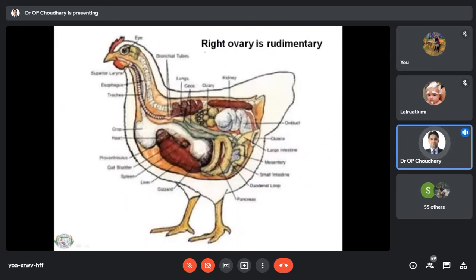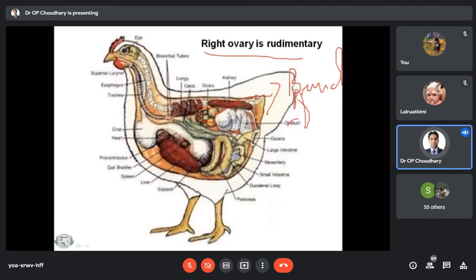Then very important, in the case of birds, only the left ovary is functional. The right ovary is rudimentary. The left ovary is situated in the dorsal part of the abdominal cavity and attached to the dorsal wall below the last two ribs. You can see here, these are the ovaries, and in birds, very important, the shape of the ovary is like bunches of grapes.